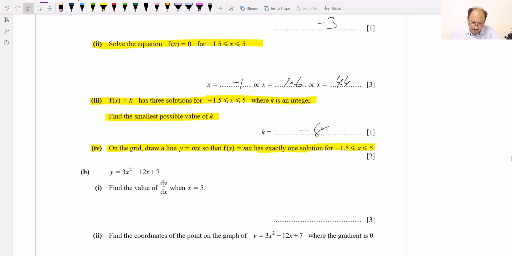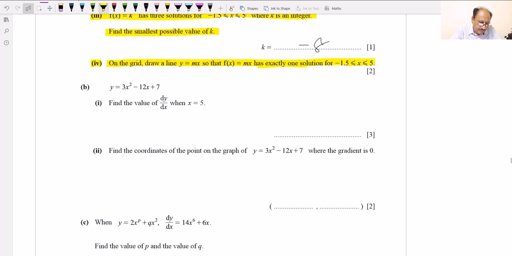And next is the B part. B part says y is equal to this one. Find the value of the derivative when x is equal to this. So dy by dx will be equal to 3 into 2, 6x, minus 12.